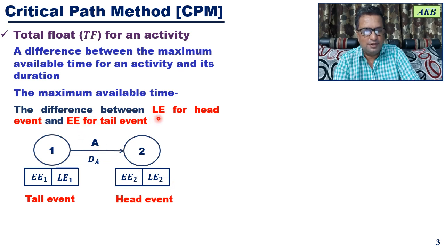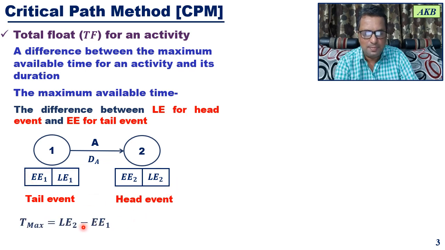Event 1 is the tail event, and for this tail event, earliest event time is EE1. So for this simple example, I'm denoting the maximum available time as Tmax. Tmax will be equal to latest event time for head event, that is LE2, minus earliest event time for tail event, that is EE1.